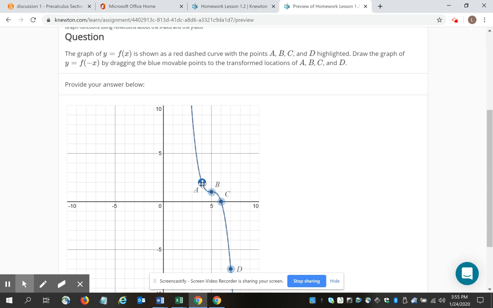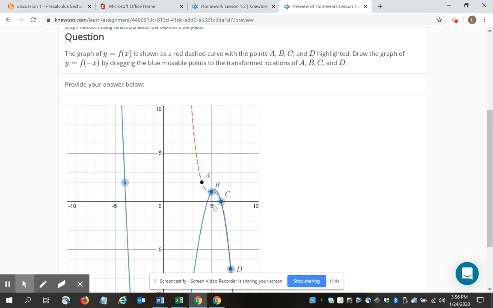If A is at 4, positive 2, and we reflect on the y, then it's going to become negative 4, positive 2.